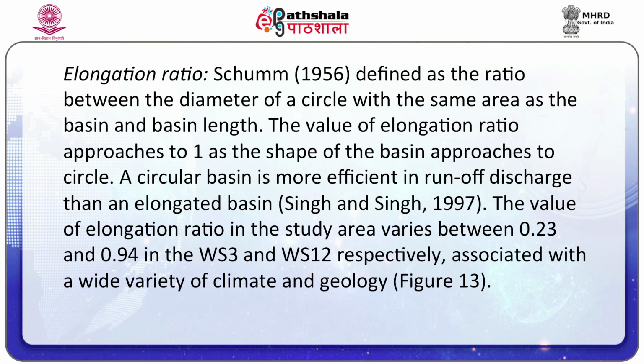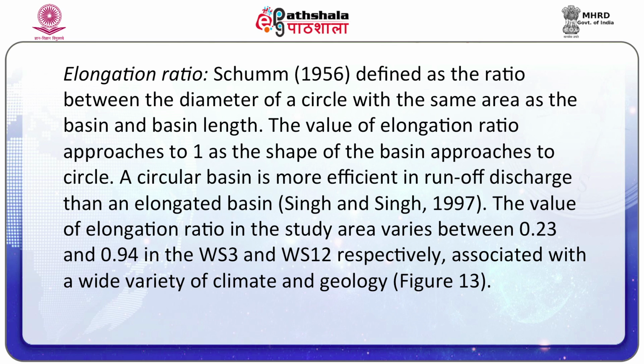Elongation ratio. Schumm defined it as the ratio between the diameter of the circle with the same area as the basin and the basin length. The value of the elongation ratio approaches 1 as the shape of the basin approaches a circle. The circular basin is more efficient in runoff discharge than the elongated basin.